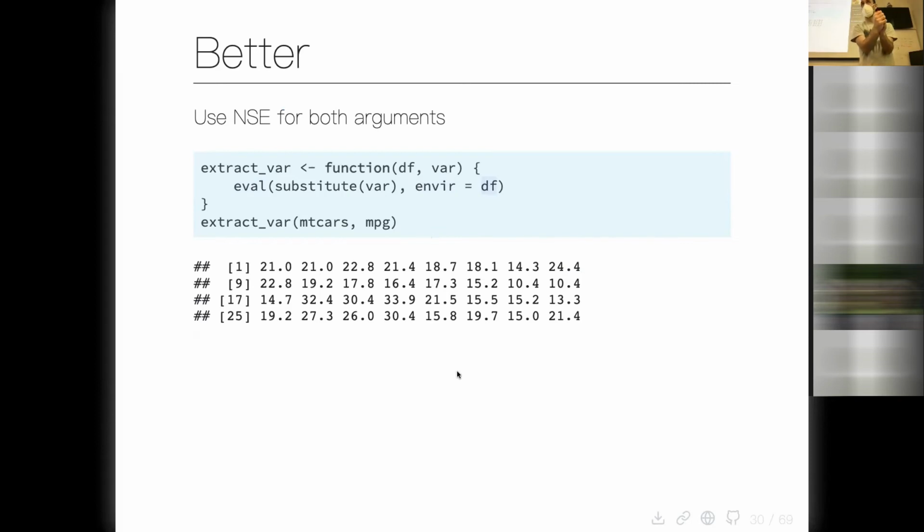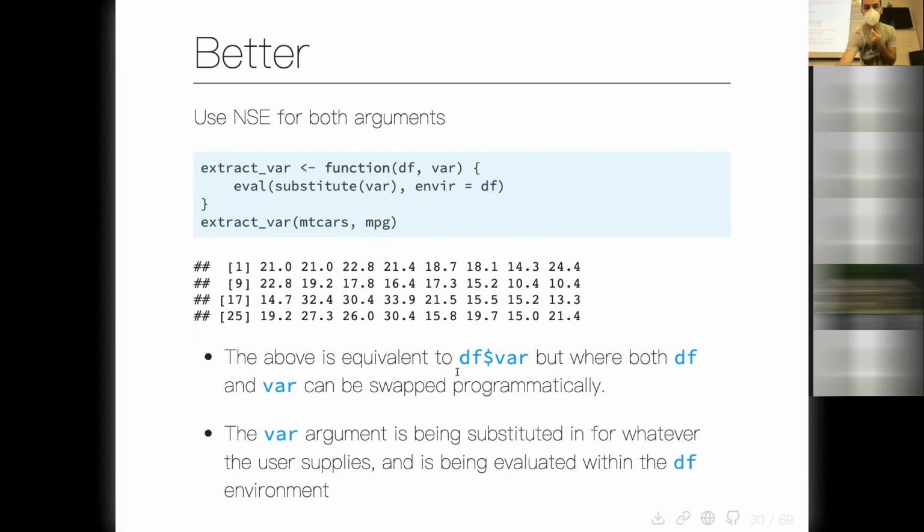And once I tell it to evaluate, it's only doing it inside the data frame context, okay? So this is the equivalent of df$var. Okay, it's the exact same thing. However, this function is more useful than that one because you can use it programmatically. So you could programmatically swap out the data frame or the variables, and it would work just fine. That is not the case with the $, right?